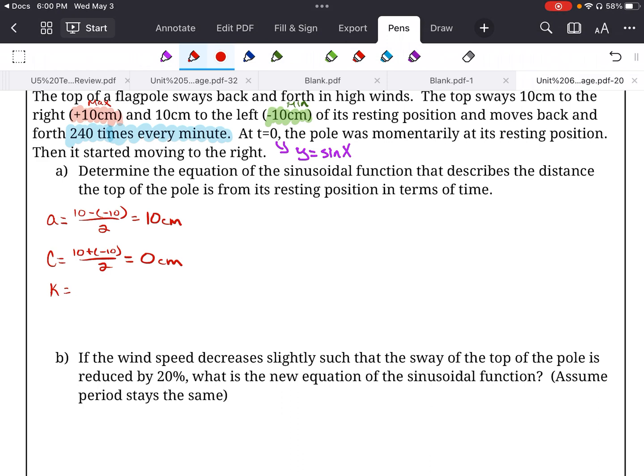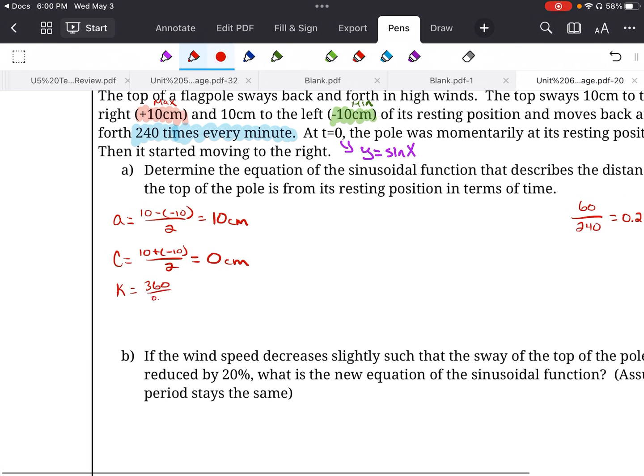It happens 240 times every single minute. So 60 seconds divided by 240 times per minute is 0.25. So it sways back and forth every 0.25 seconds. So the k value is 360 divided by 0.25, which gives us a k value of 1,440.